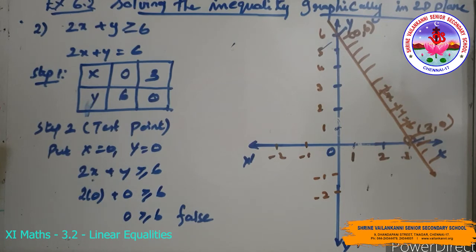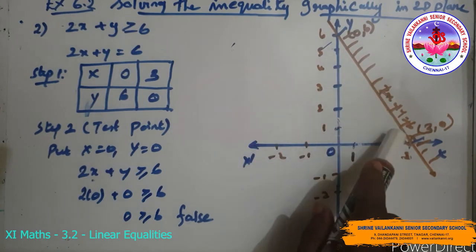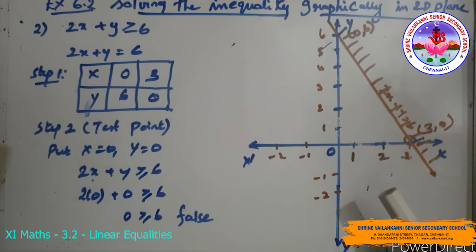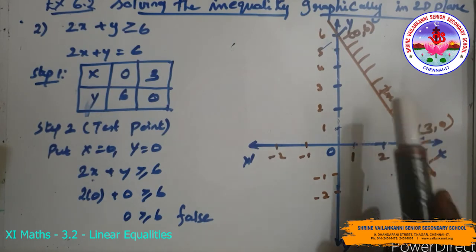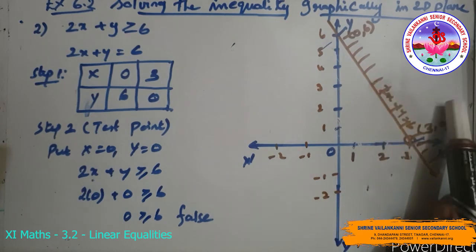Thus, the solution of the given inequality is the shaded half plane 2, including the points on the line. For slack inequalities, it includes the points which lie on the line. We can say that any point on the line satisfies the given inequality. Hence, the shaded region is in the half plane 2.